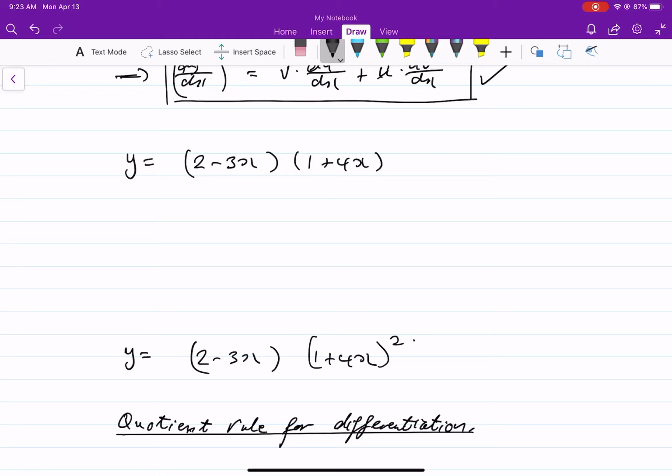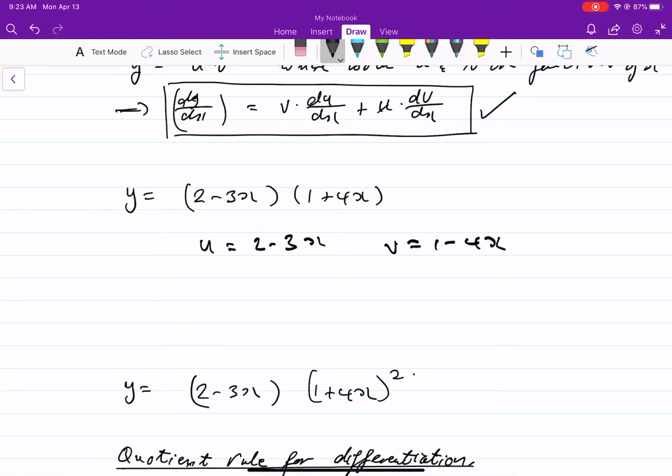I'll call the first part u. u is equal to 2 minus 3x. I'll call the second part v. v is equal to 1 minus 4x. If you look at the product rule, it requires v, it requires du/dx, it requires u, and it requires dv/dx. So let's get those parts. If u is equal to 2 minus 3x, then clearly du/dx is negative 3. And if v is equal to 1 minus 4x, then dv/dx has to be negative 4.